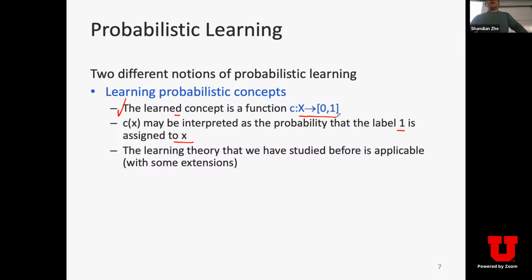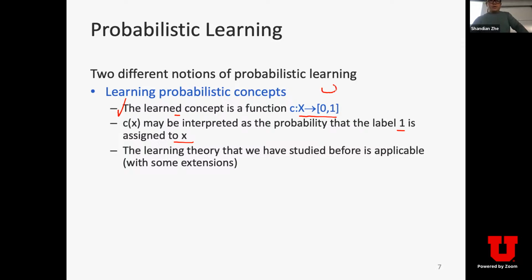Namely, given X, I'm going to predict the probability that the NASDAQ index is going to increase today. Like maybe 0.6, maybe 0.7, maybe 0.99. If it's 0.99, maybe we can buy some stocks. Or maybe just 0.1.